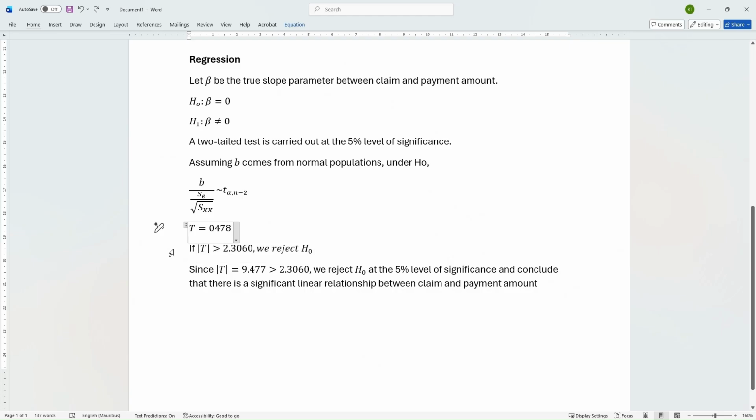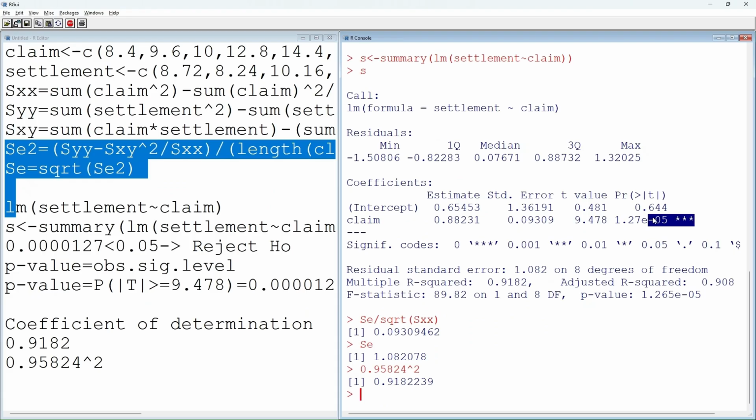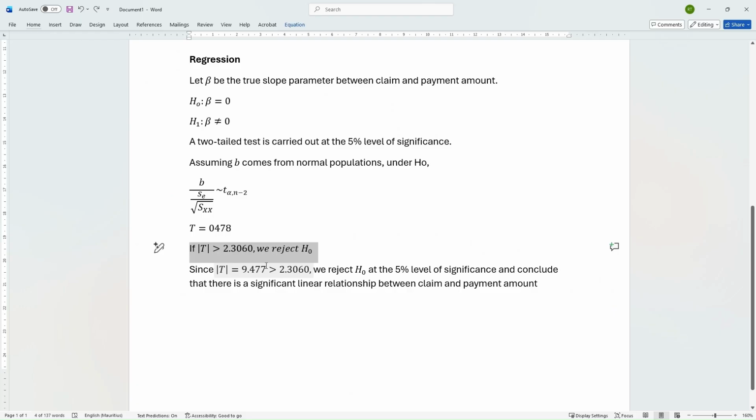And then the only difference is that you will not write down the critical value, okay? Because you are using the p-value concept to conclude. So in my case, if p-value is less than 0.05, we reject H naught. That's the way you would conclude. It's just a minor change to the conclusion.